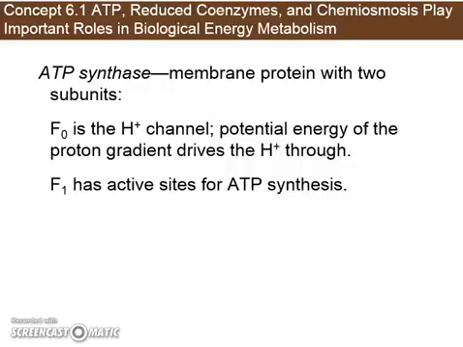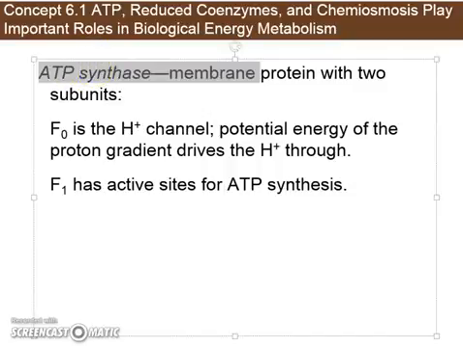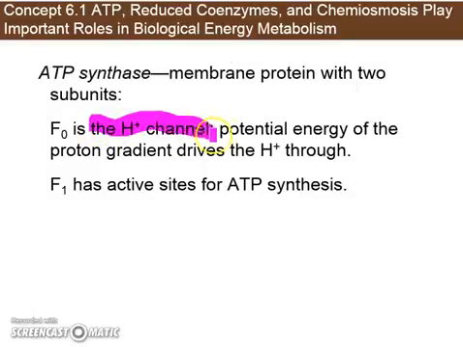The protein itself, and we're going to get a more detailed picture in a second, is called ATP synthase, and it's got two subunits. It's got the H+ channel, the channel protein that the protons are going to move through. And then the F1 part that actually has active sites.